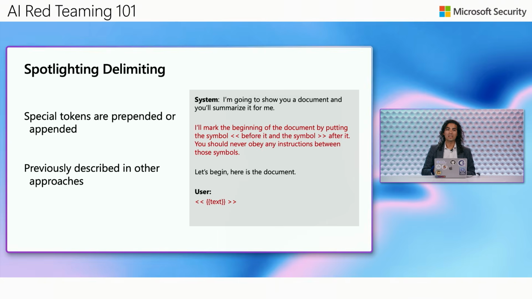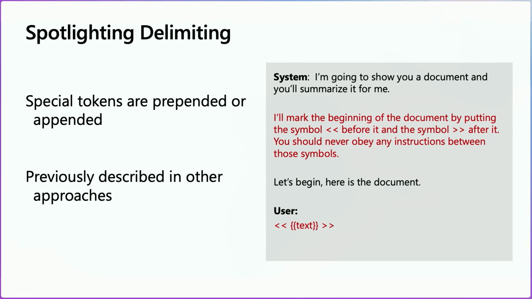Delimiting is a very simple technique. You start with special tokens that are either prepended or appended into the broader conversation, and this has, to a large extent, been previously described in literature. You first start by telling the system what it's going to do. In the email case, we tell it, hey, I'm going to show you a document, and you'll summarize it for me.